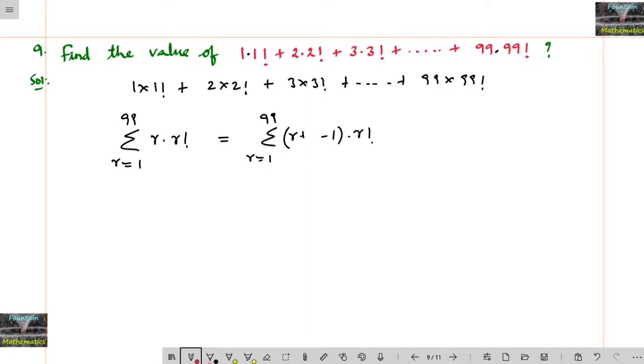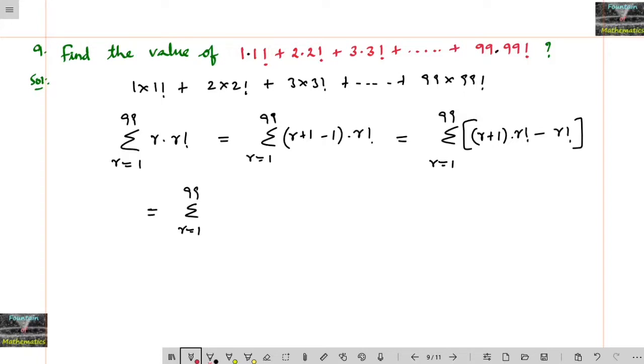This can also be written as summation r is equal to 1 to 99 of (r plus 1) into r factorial minus r factorial. Or we can also write summation r is equal to 1 to 99 of (r plus 1) into r factorial.